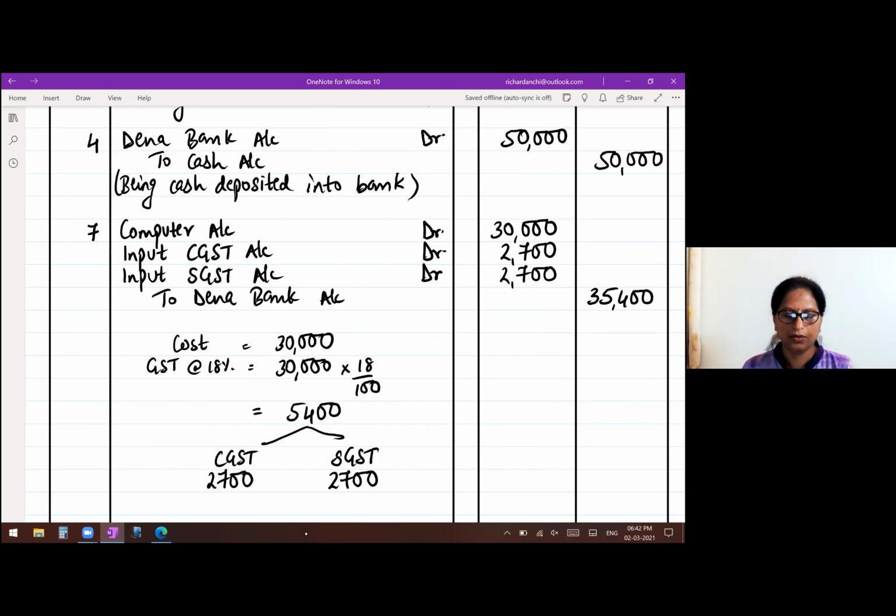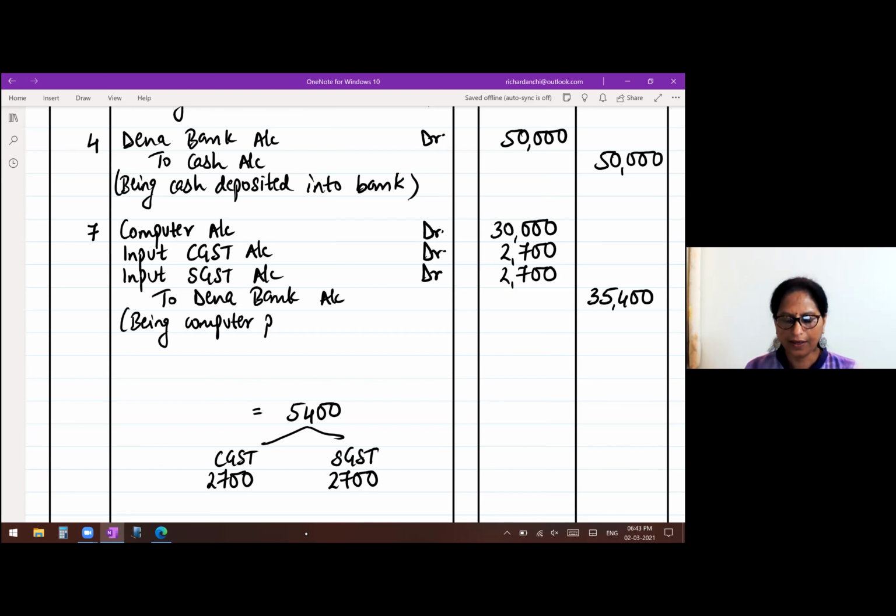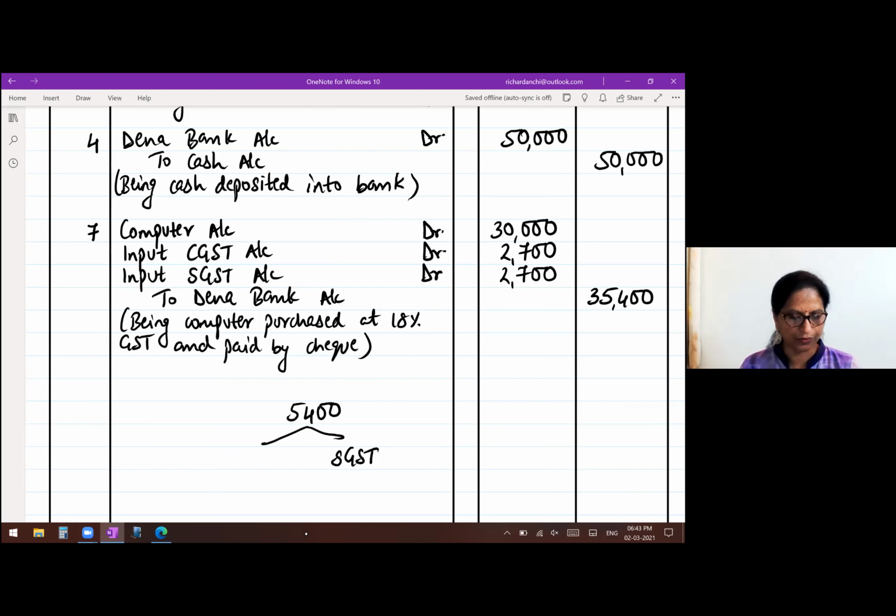Narration: being computer purchased at 18% GST and paid by check. The narration is to be written from the transaction itself.